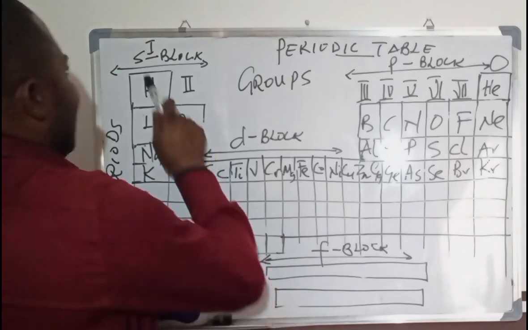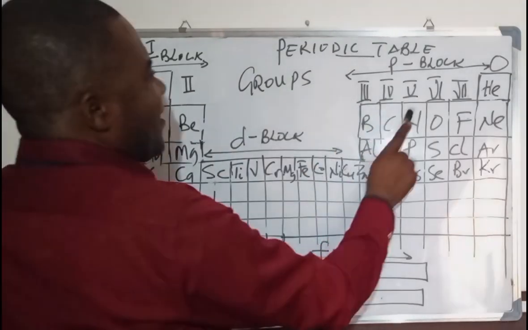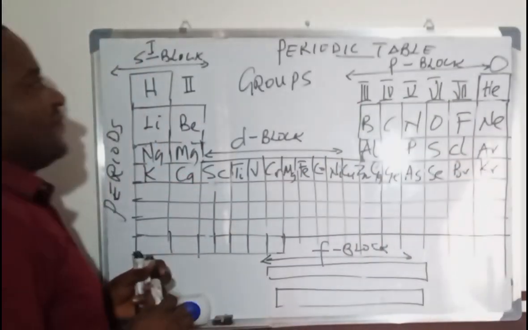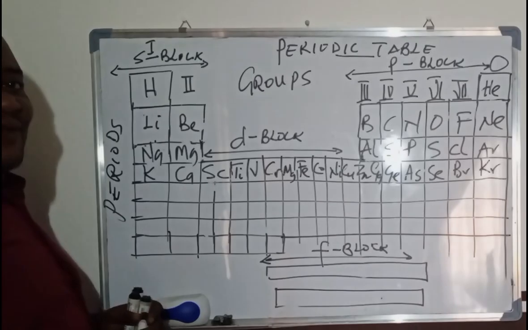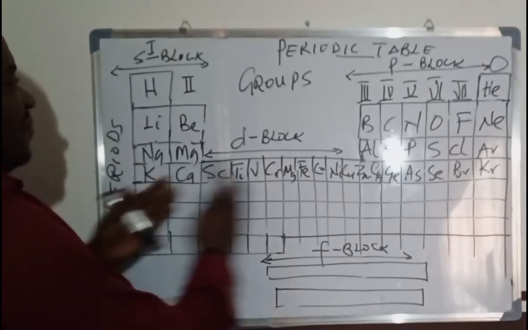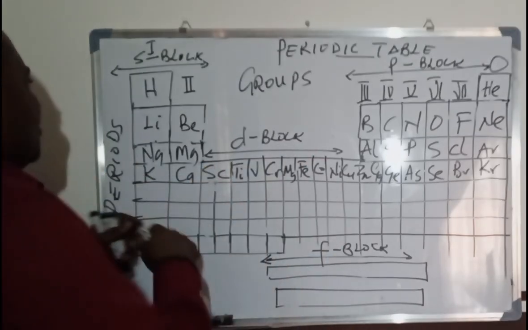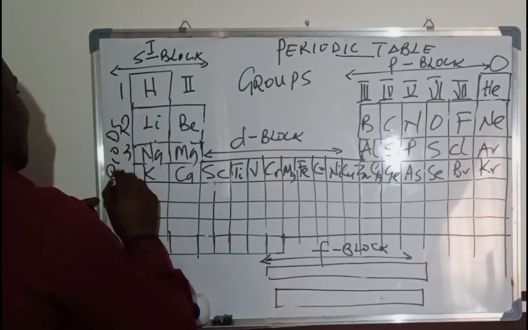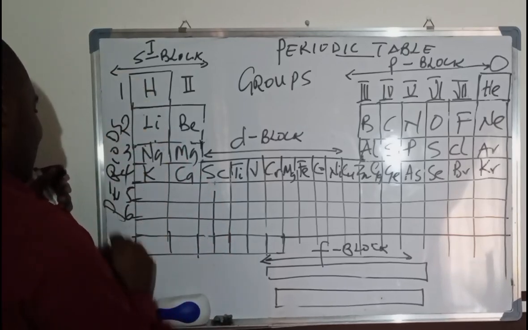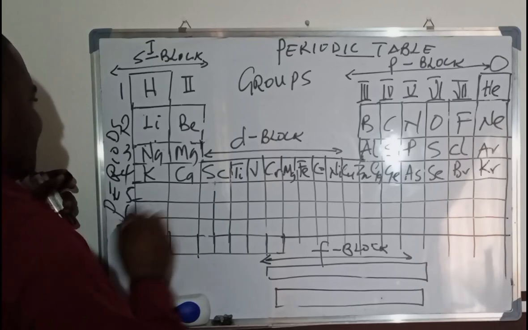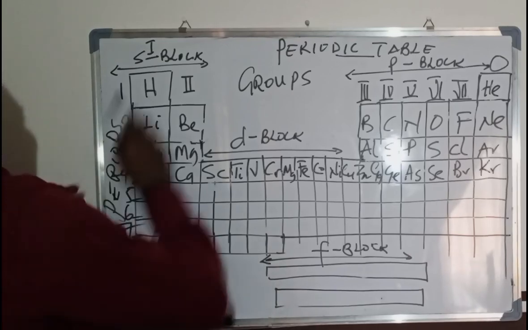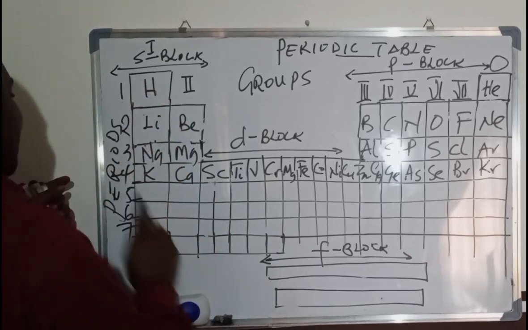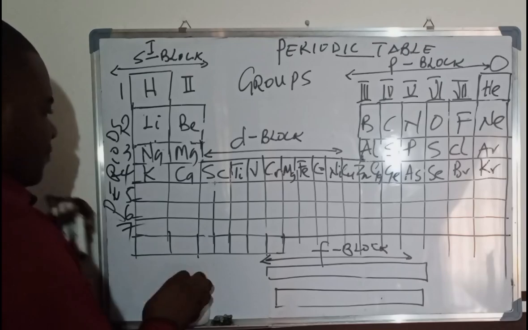Now these are the 8 various groups of the periodic table. And we have the periods running from left to right. So we have 1, 2, 3, 4, 5, 6, 7 periods. We have 7 periods.